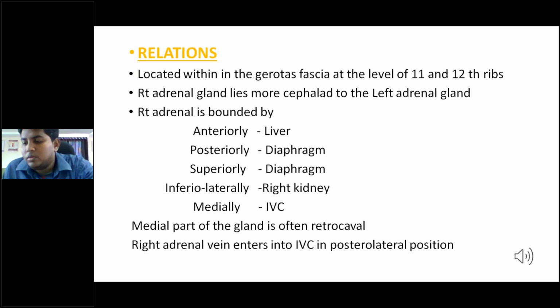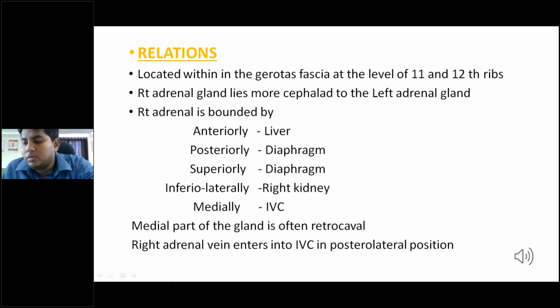The right adrenal gland is a little different compared to the left one. The boundaries include: superiorly and laterally on the right side, the diaphragm. Anteriorly, it's the liver, and superiorly and posteriorly, it's the diaphragm. On the right side, the inferior vena cava is situated, so medially it's the inferior vena cava.